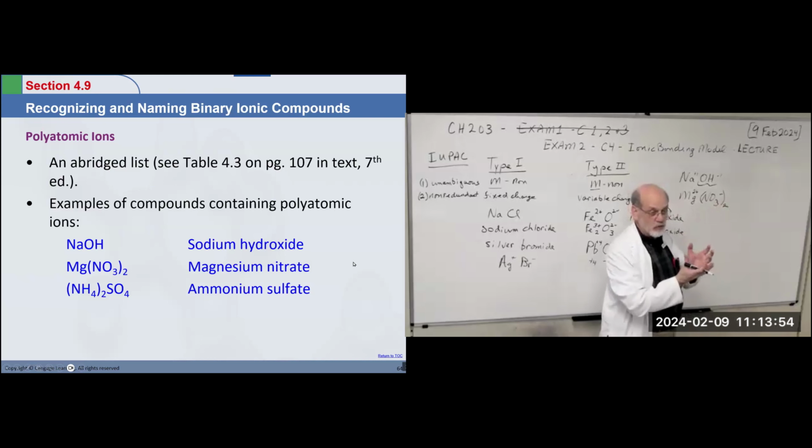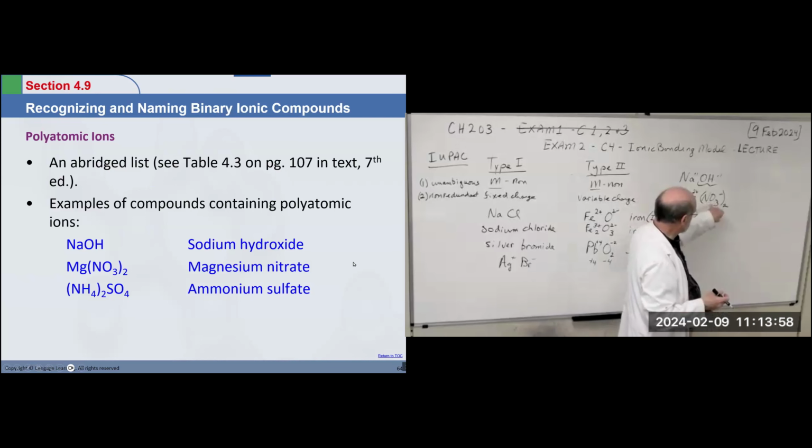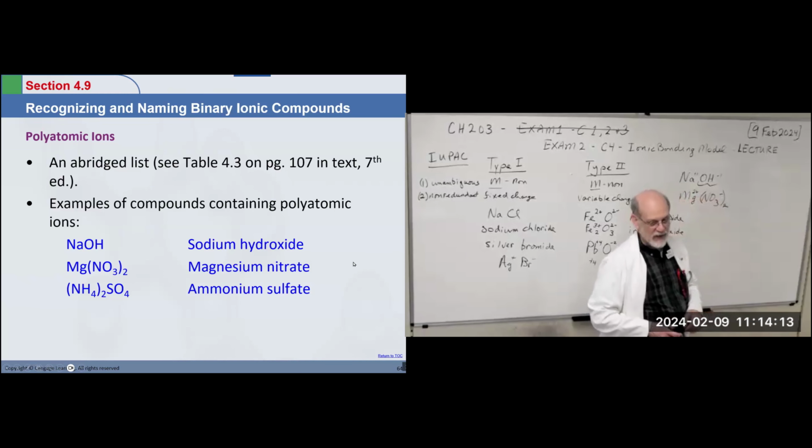It belongs to the whole group. So that's why you can't mess with the subscripts. If you do, you change the ion. So we need a parentheses, and we say we need 2 of these for the negative charge that's assigned to each one. 2 negatives balance 2 positives.